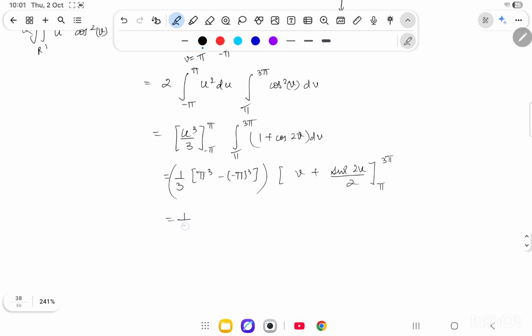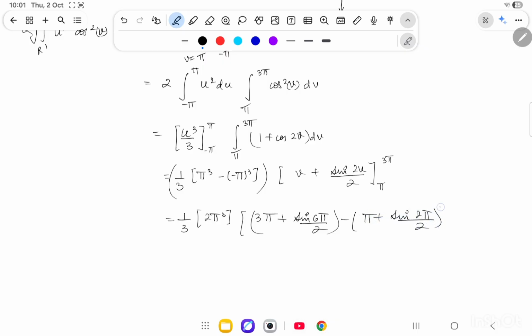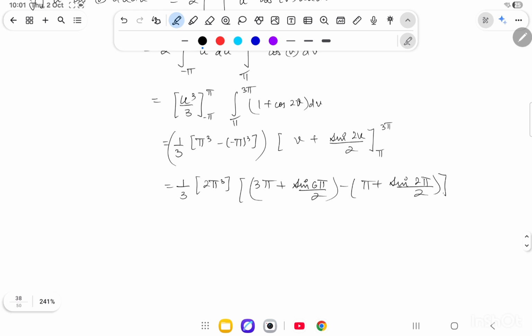So this equals 1 by 3 into 2 pi cube times 3 pi plus sine 6 pi by 2 minus pi plus sine 2 pi by 2. Now sine 6 pi and sine 2 pi are 0, so these terms reduce to 0. So we are left with 1 by 3 into 2 pi cube into 3 pi minus pi, that is 2 pi. So it is 4 pi raised to 4 by 3. So that's the value of the integration over the given region R.